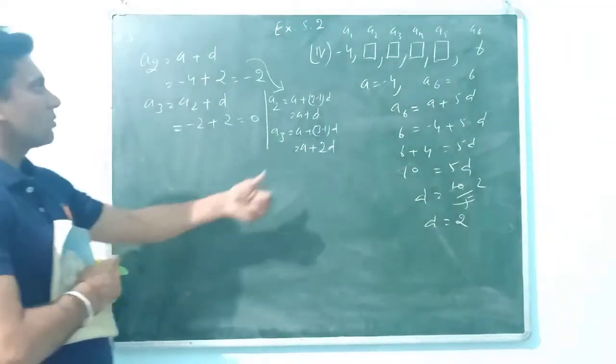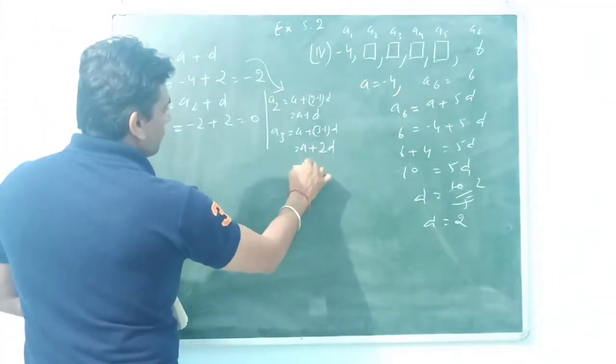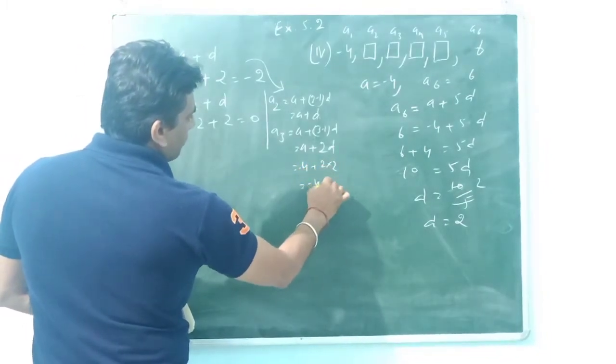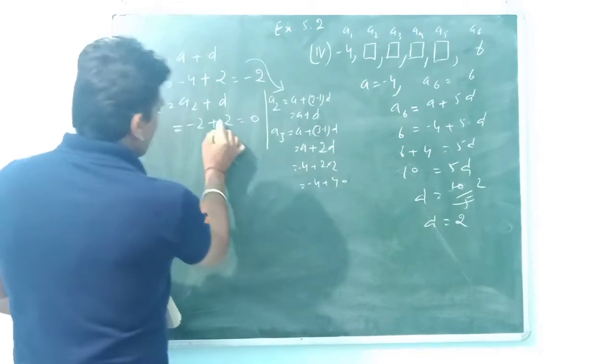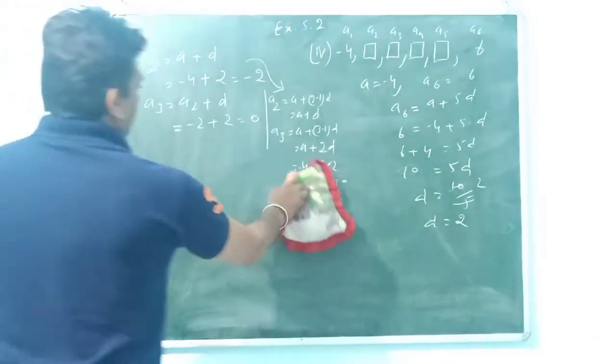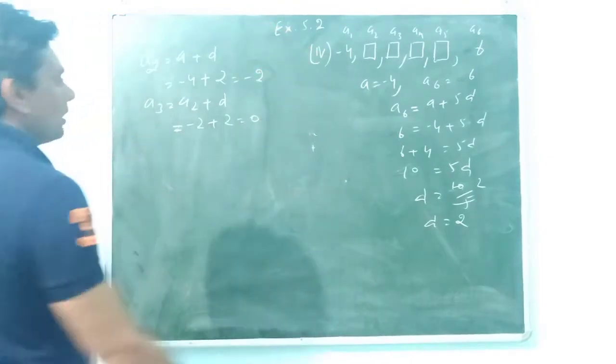Here we get minus 4 plus 2 into 2, minus 4 plus 4 becomes 0. Same. So we can apply any one formula for calculating this value.